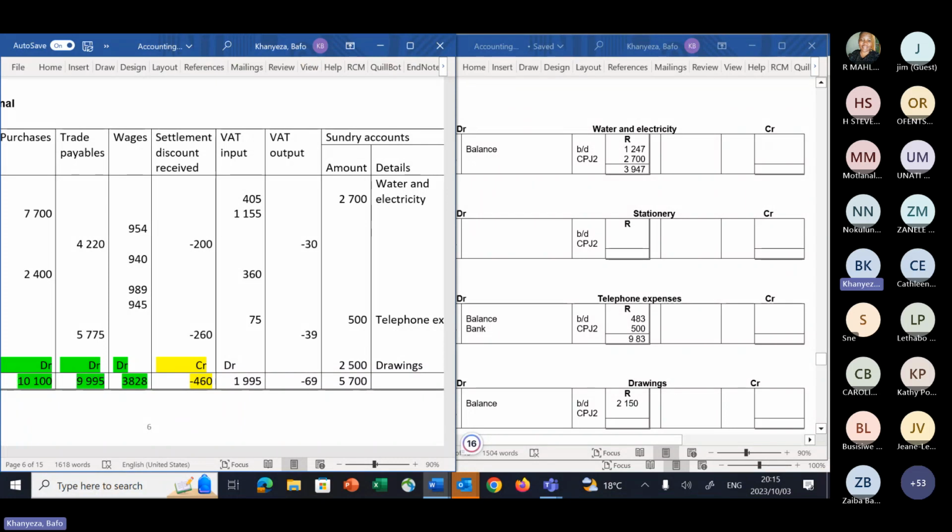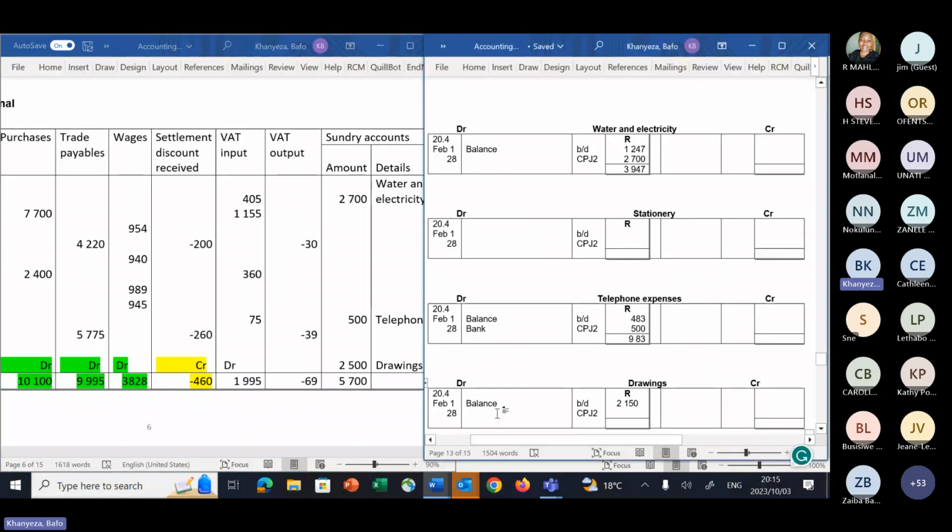But if you are finding it a bit difficult to follow, I found this the most difficult part, because other sections, like the adjustments tomorrow, you deal with one adjustment at a time. So it's a bit difficult to keep track here.